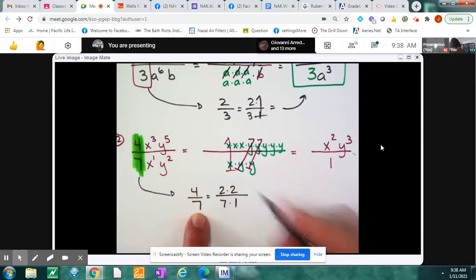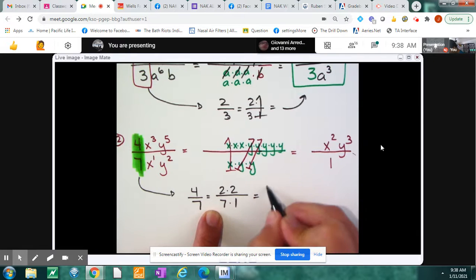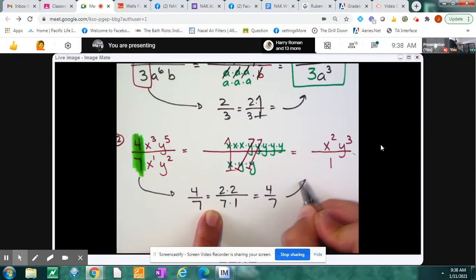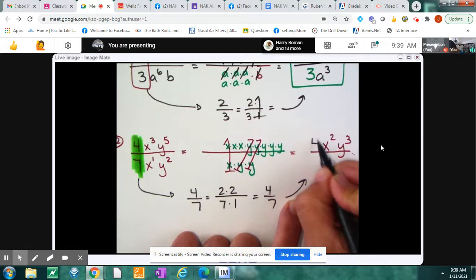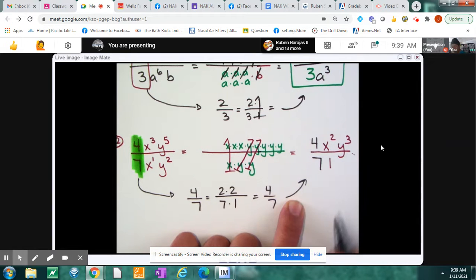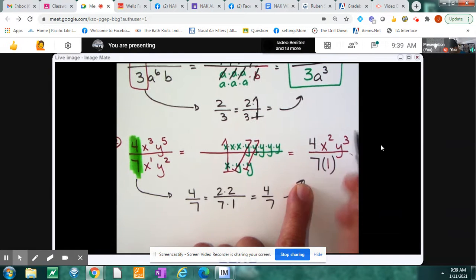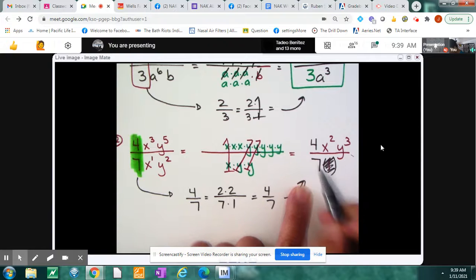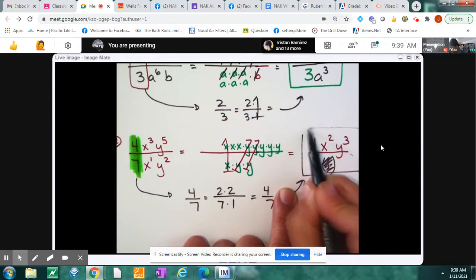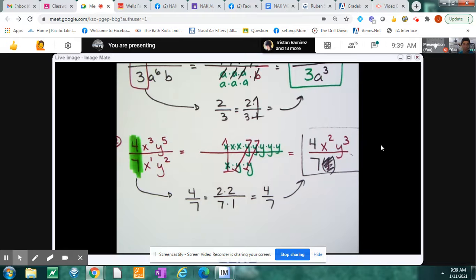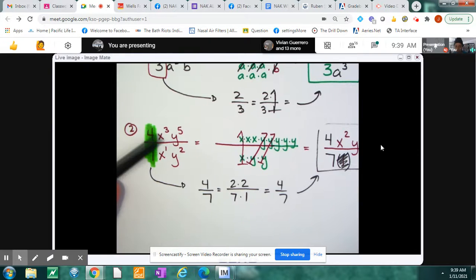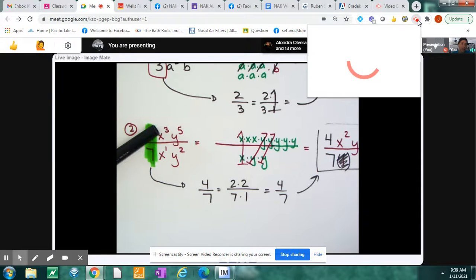No. So it's going to stay the same, 4 over 7. There's a 1, but you don't need it because 7 times 1 is 7. So we'll just leave it like that, and then you're done. You guys get that? All we're doing is breaking it down and trying to simplify the question.